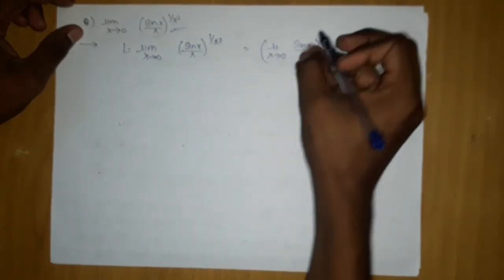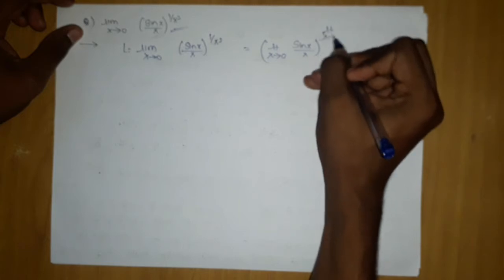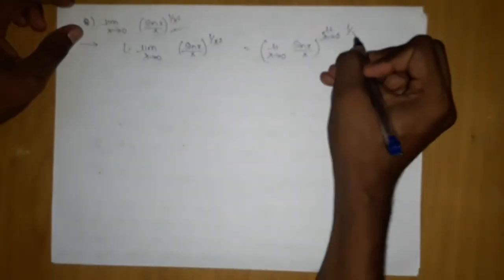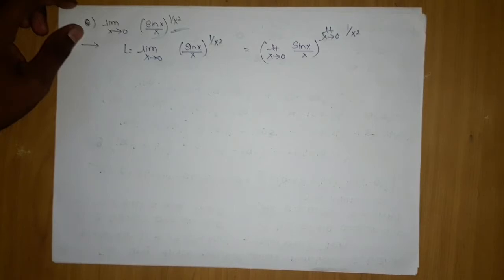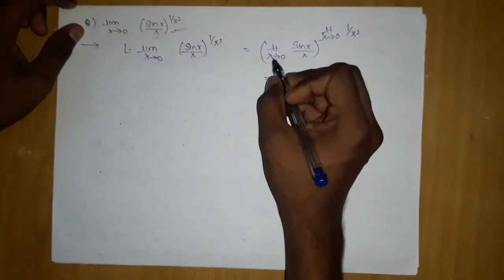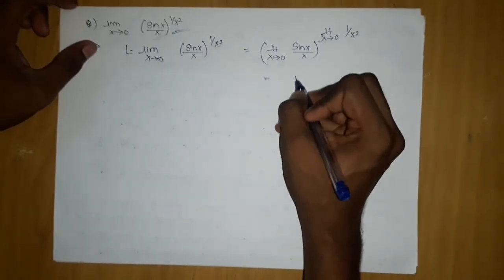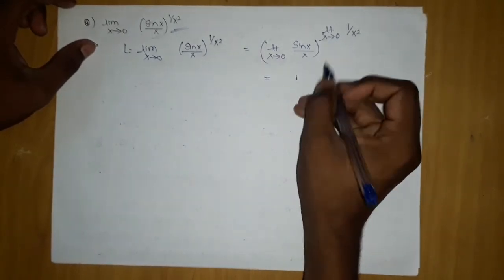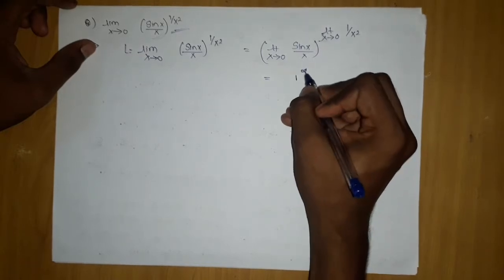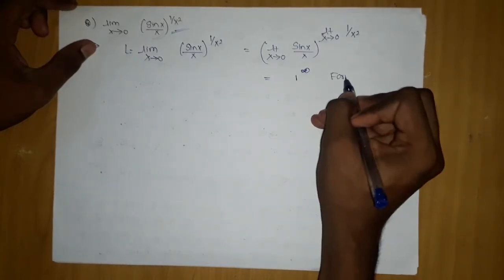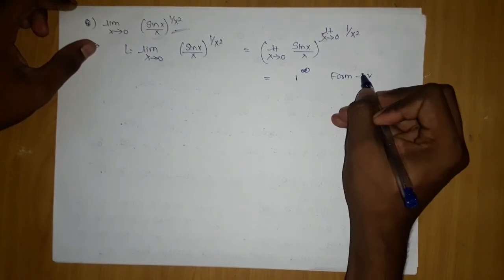In many problems we don't distribute the limit, we can easily make out, but in this type of problem it becomes necessary, otherwise you might get stuck. Sin x by x when x tends to 0 is a property which tells us it is equal to 1, and this will tend to infinity. So now I can clearly make out that it is form 5.